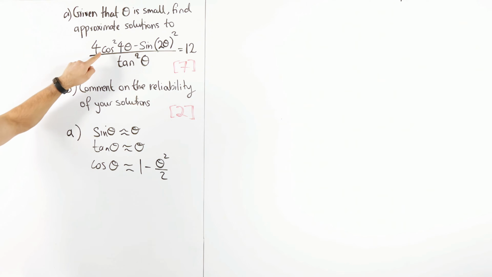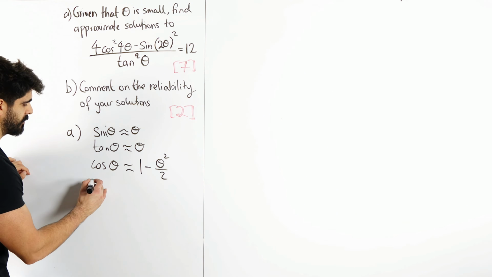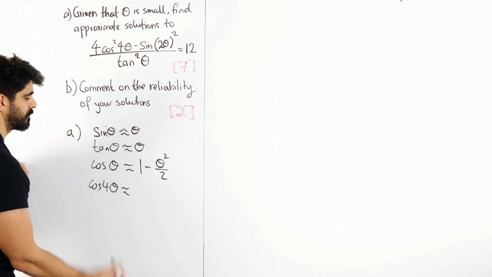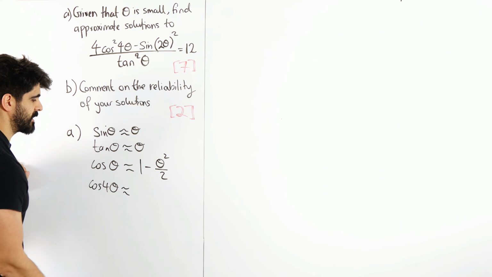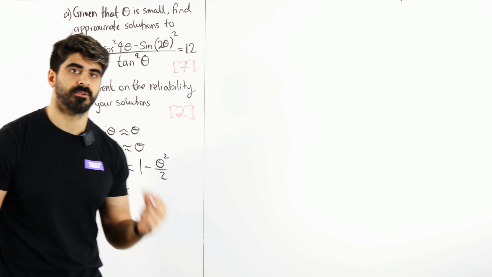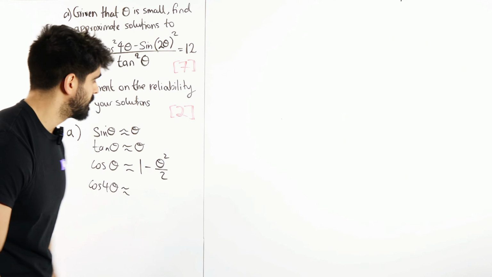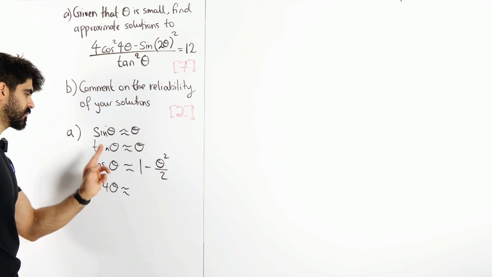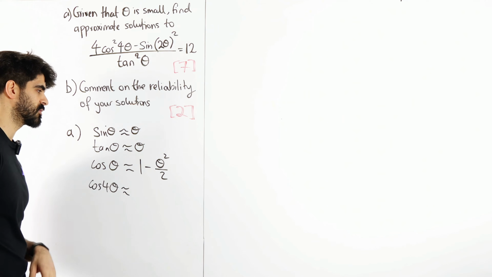So let's go one by one. What about cos of 4 theta? There we have to be careful because we are squaring it, but we're squaring that whole function of 4 theta. Theta is just being replaced. What do you think the most common mistake is? Is students just multiplying through by 4? They think, oh, cos of 4 theta is 4 minus 2 theta squared.